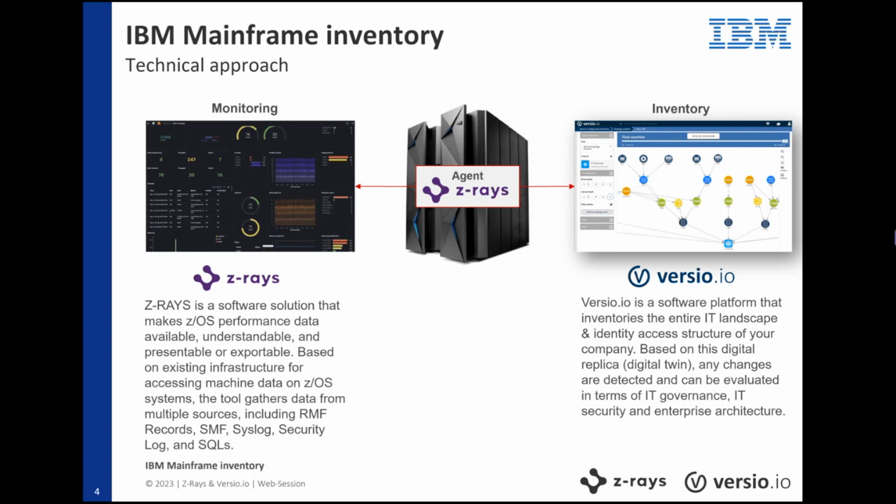Thanks to this integration, inventory and topology discovery of the mainframe can be visible and operated from Virtual.io. The whole mainframe environment topology is created automatically, providing an easy approach for maintaining all system parameters in the mainframe world.